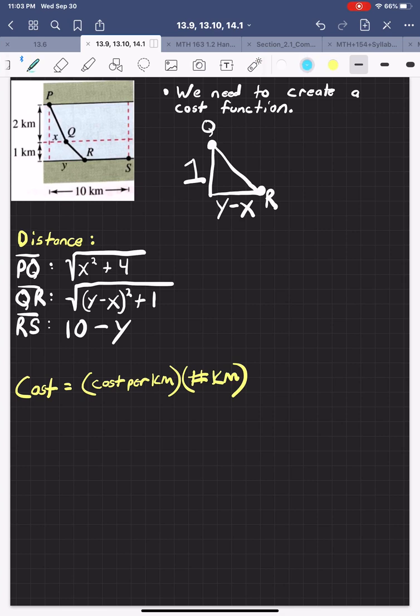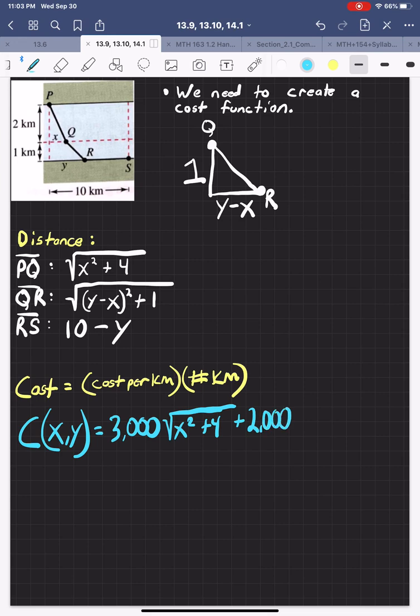So when I plug everything in, we end up with C of x, y equal to 3,000 times, that's the cost per kilometer, times that distance, which is the square root of x squared plus 4, plus 2,000 times the square root of y minus x squared plus 1.